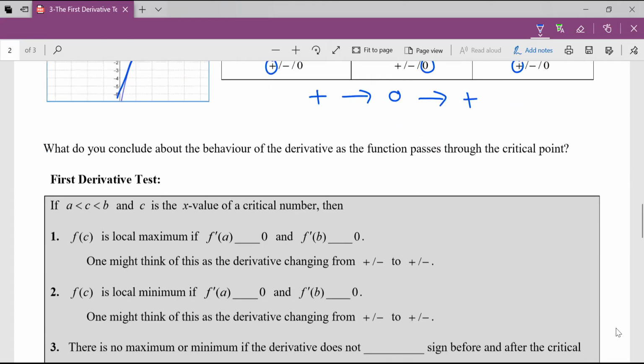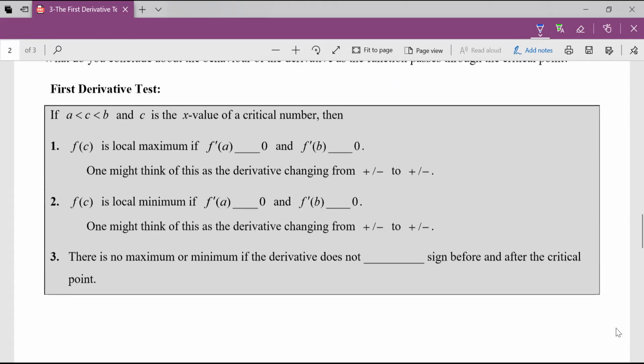So here we go, the first derivative test. For a critical number c between a and b, f at c is a local max if the slopes of our tangent lines go from increasing, positive, to negative. So we can think of that as going from positive to negative.